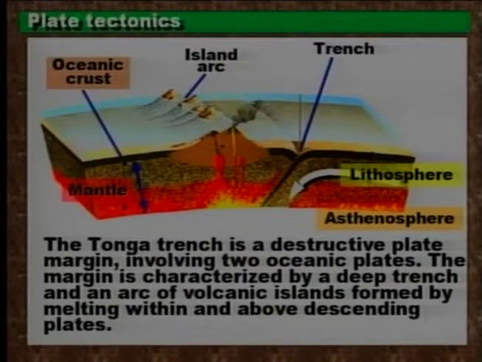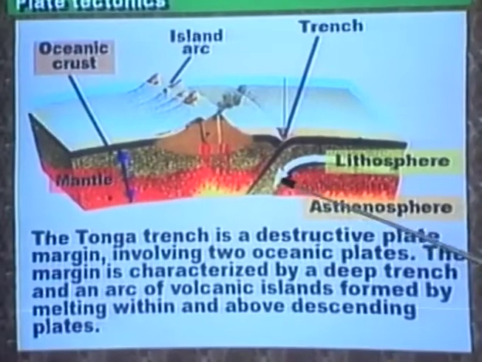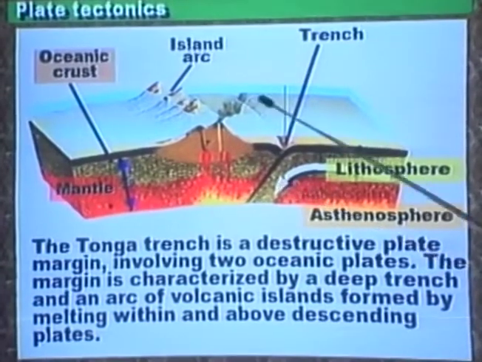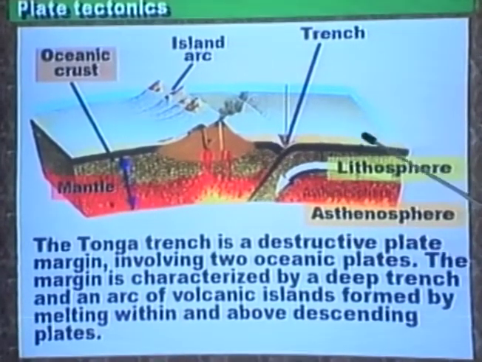And the margin is characterized by a deep trench and an arc of volcanic islands formed by melting within and above descending plates. So here we are looking at an example of subduction occurring, but here subduction of two oceanic plates.